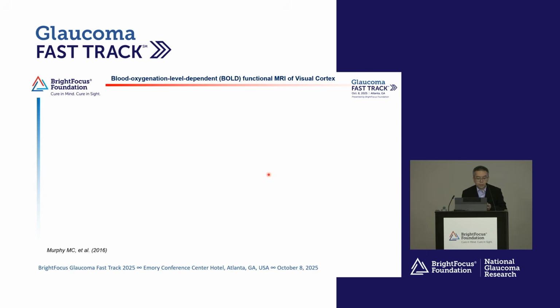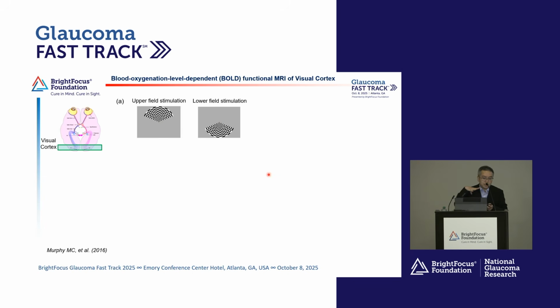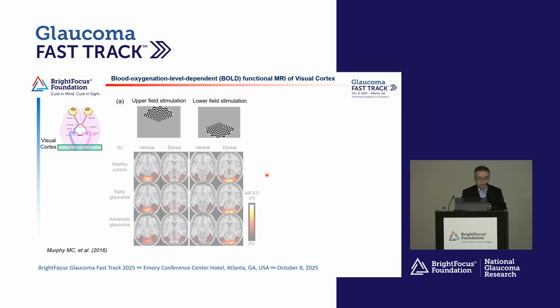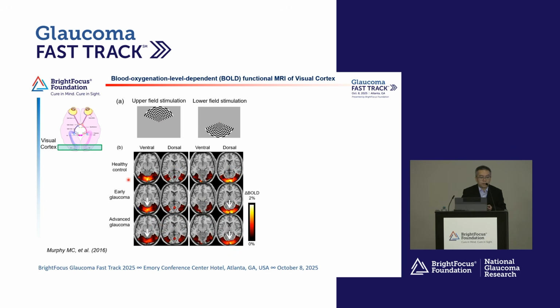This blood oxygenation is carrying oxy versus deoxyhemoglobin, and deoxyhemoglobin has a heme being exposed to the environment. It will give you some negative distorted contrast. So that way you can give a visual stimulation to the top or to the lower field, and then you can actually evaluate the amount of the blood oxygenation related activity.